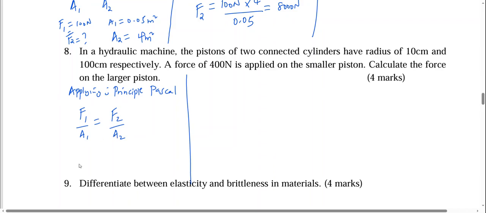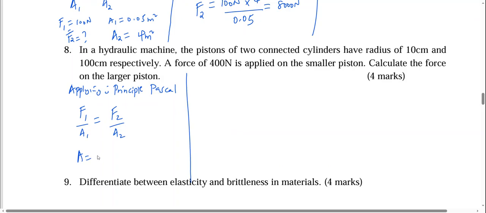And since this is a cylinder, area of a cylinder is given by pi multiplied by the radius squared.